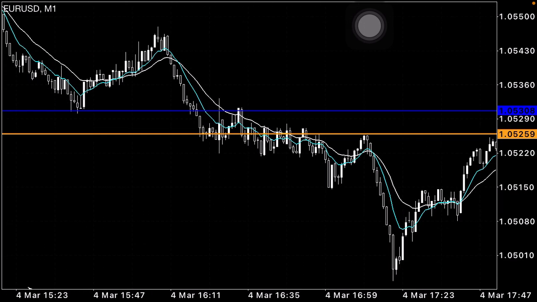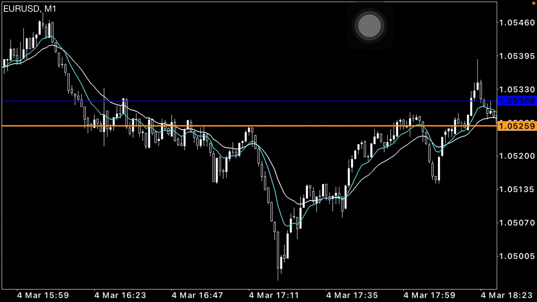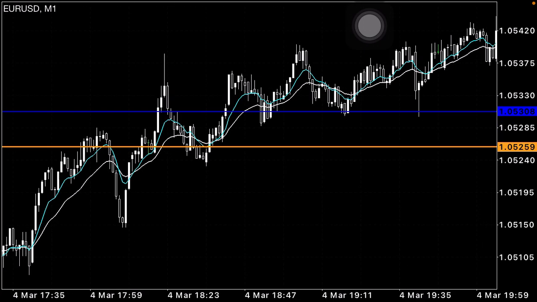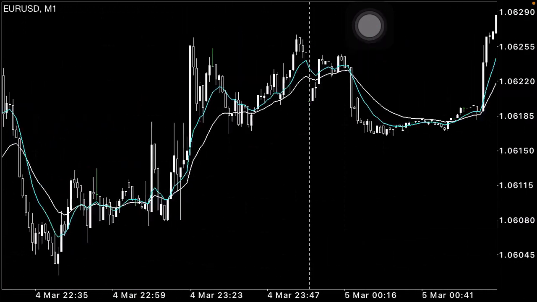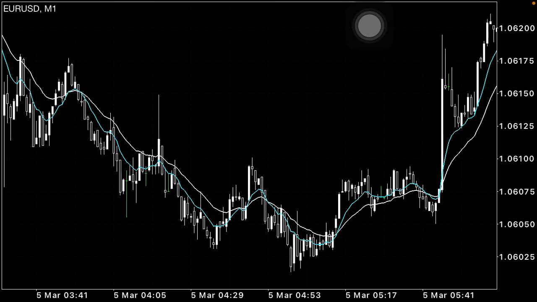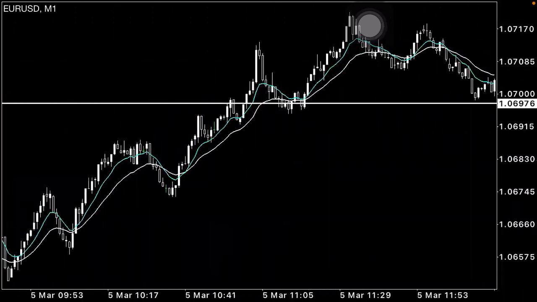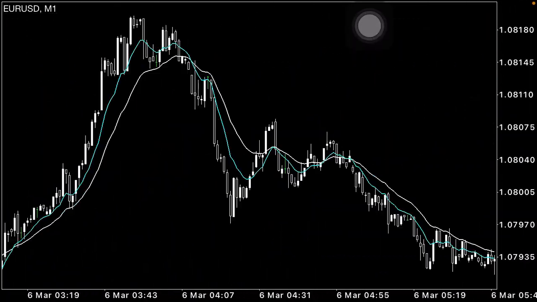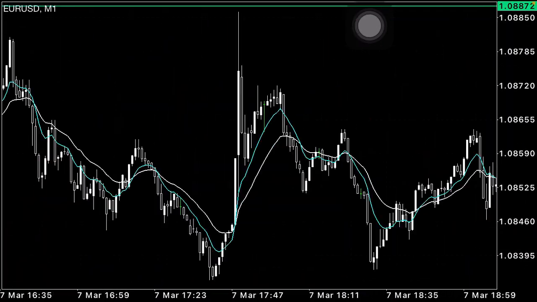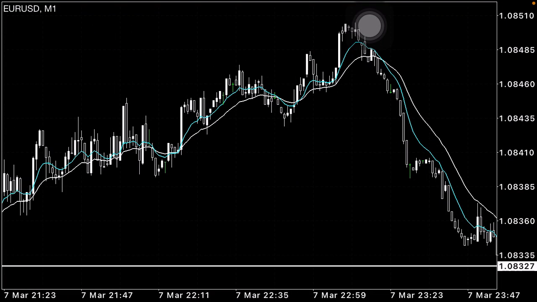So it did come down and fill the gap. It went down even further. And then from there, it just took off. It never came back. It went up, up, up, up, up. It's a little sideways, but it's all going up, to where it's at today.